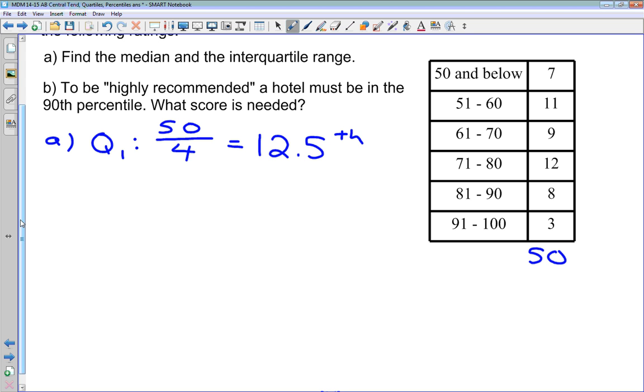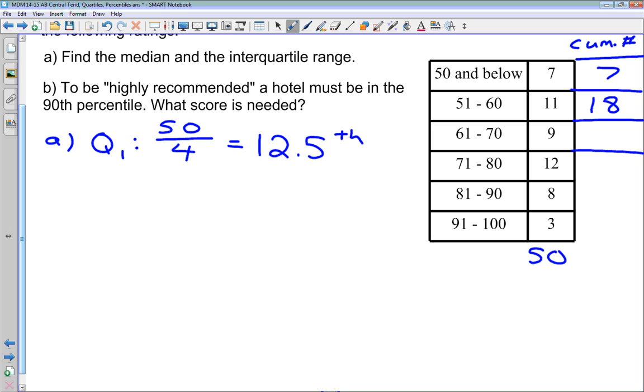And what's going to be helpful as we're doing this question is not just having the number in each bin, but the cumulative number in total. So our first bin, 50 and below, we have a cumulative total of 7. By the time we get to our next bin, 51 to 60, we want to add on that 11. So we have a cumulative total of 18.